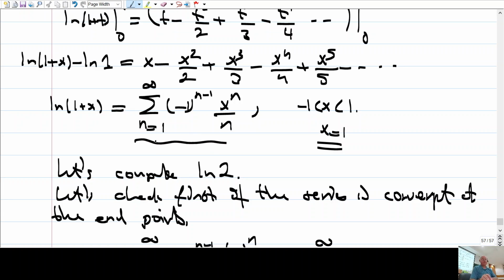Continuous means you can let x go to 1, and the limit at x equals 1 is just the value of the function at x equals 1. In other words, you can plug 1 here and 1 here, and two sides will be equal to each other. Okay?